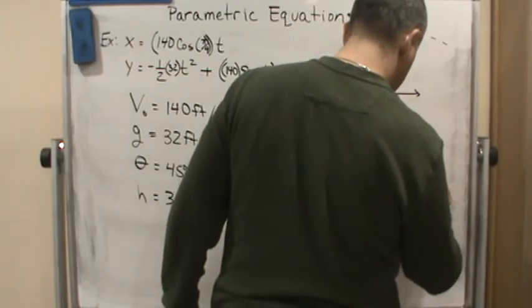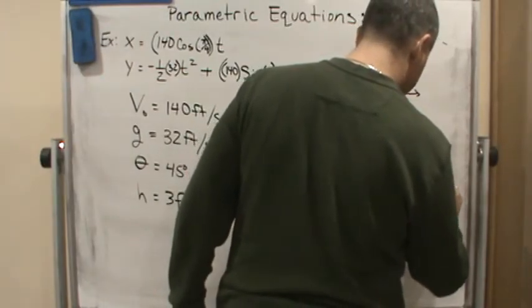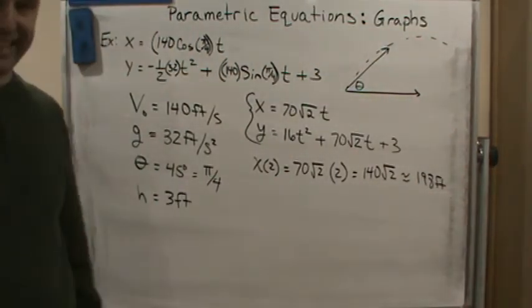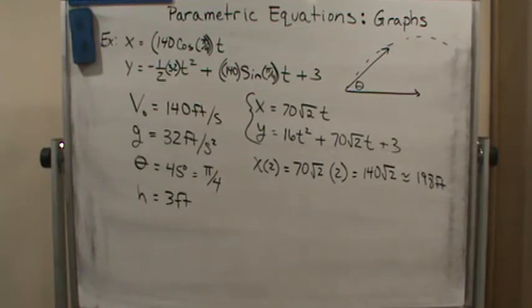So, after 2 seconds, the ball is 198 feet from the pitcher in a horizontal direction. Okay? So 198 feet in the horizontal direction from where the ball contacted the bat.